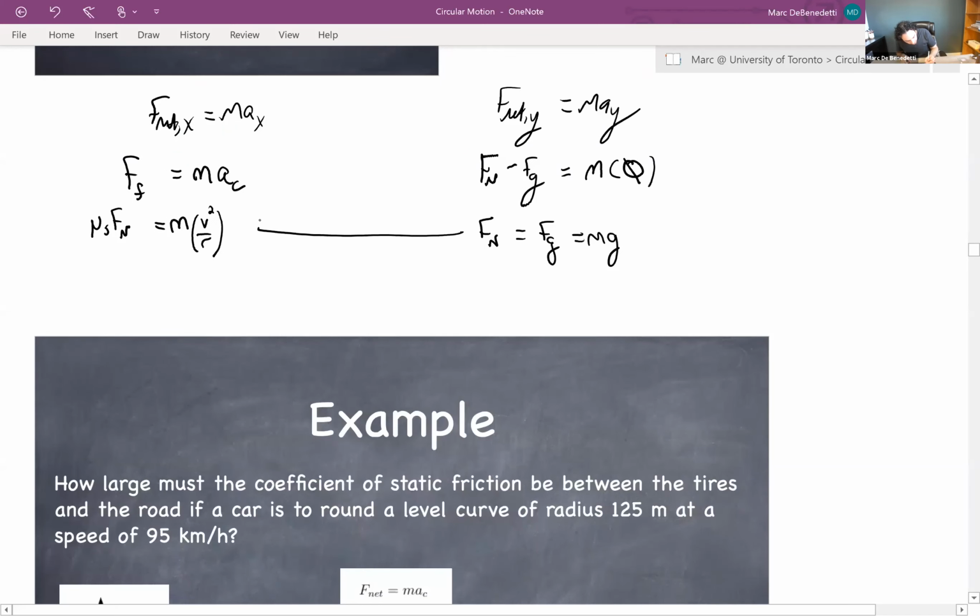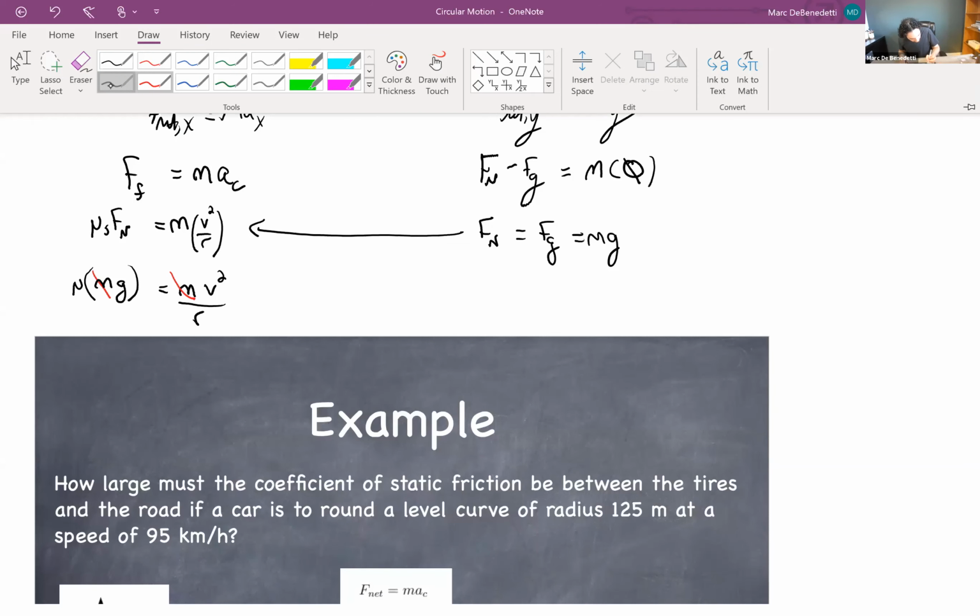So plugging this in to that equation, we get mu, now Fn was mg, equals mv squared over r. And pulling out our math brain for a second, we can cancel the m's on both sides.